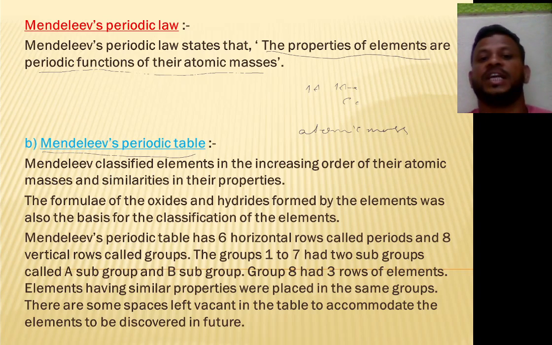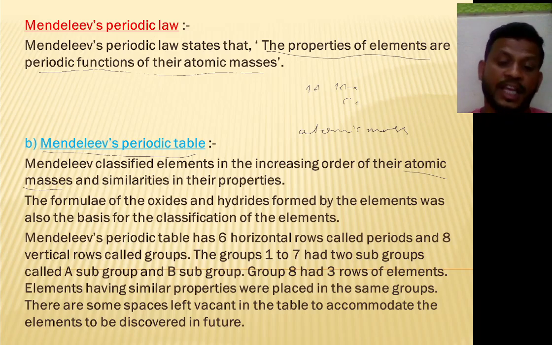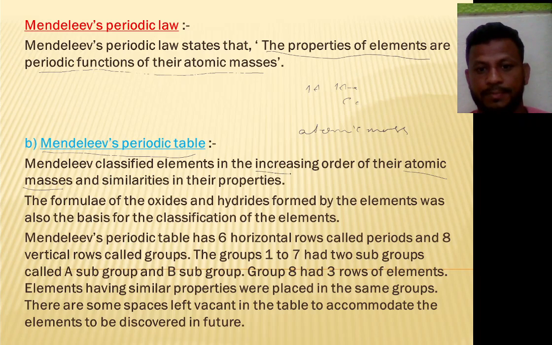Mendeleev classified the elements in the increasing order of their atomic mass and similar in their properties. He chose two important points to classify the elements. First, he chose the atomic mass in the increasing order.